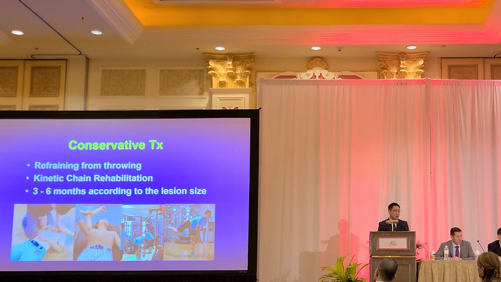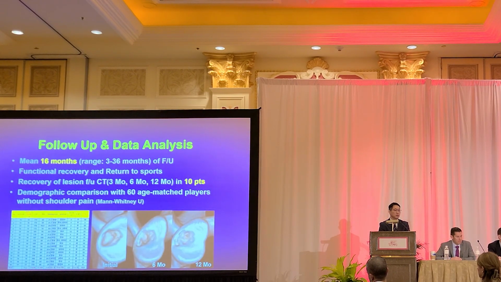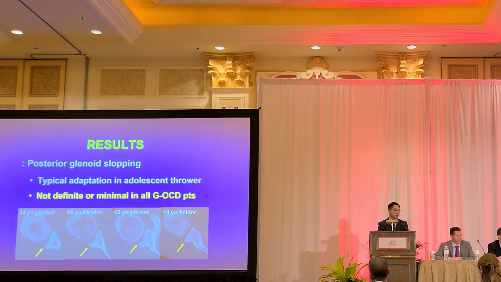After diagnosis, all patients stopped throwing and kinematic chain rehabilitation was performed. For an average of 16 months, functional recovery and return to sports timing were checked, and the recovery of the lesion was evaluated. And we compared the data with 60 age-matched players without shoulder pain.